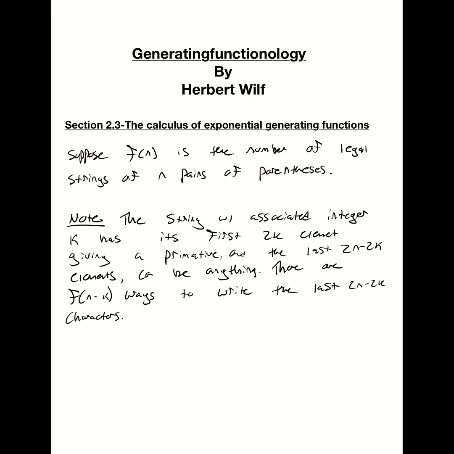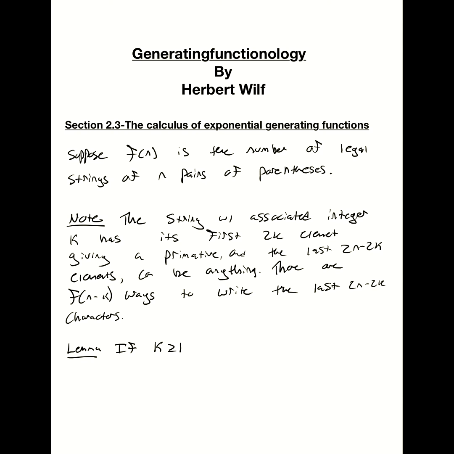But then the question really comes down to how many different primitive strings there are of size 2k. That's what we need, and we're going to need a lemma for this. Well, we don't need a lemma, but this lemma will answer that question.